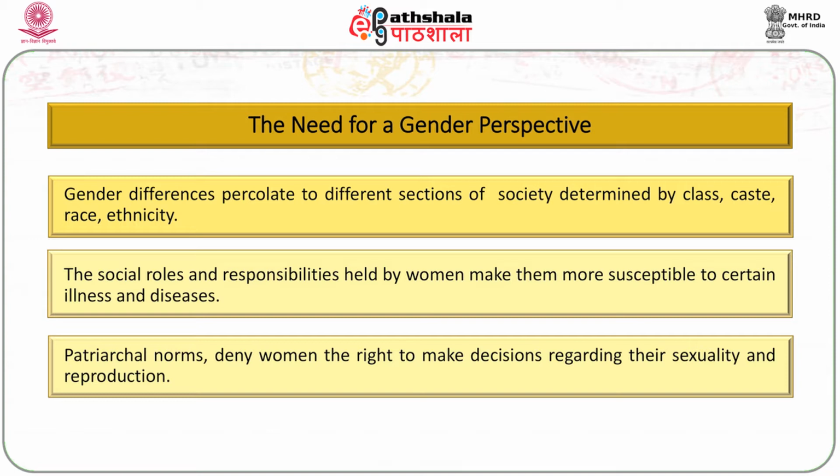Because our society is patriarchal in nature and we are guided by patriarchal norms, these norms deny women the right to make decisions regarding themselves, regarding their sexuality, regarding their reproduction.